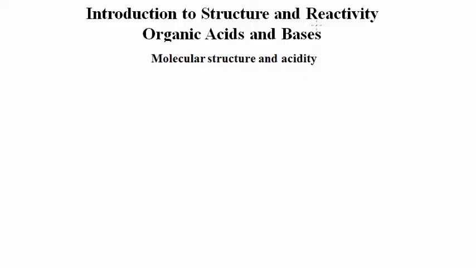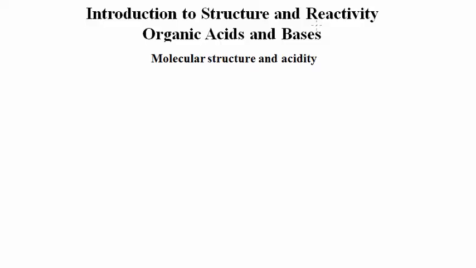Now, the next topic that we're going to discuss before wrapping up with Lewis acids, the definition of Lewis acids and bases, is the relationship between molecular structure and acidity. Overall, the overriding principle in determining the relative acidities of uncharged organic acids is the stability of the conjugate base anion, A-.